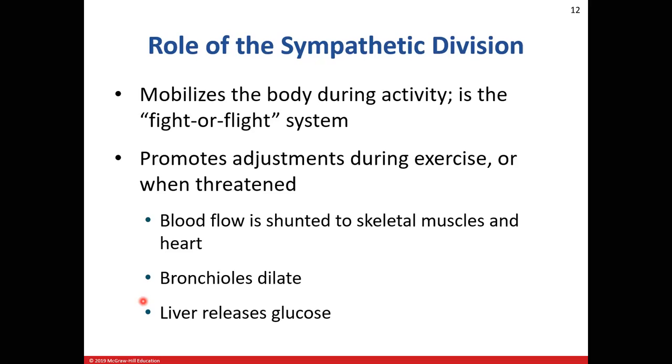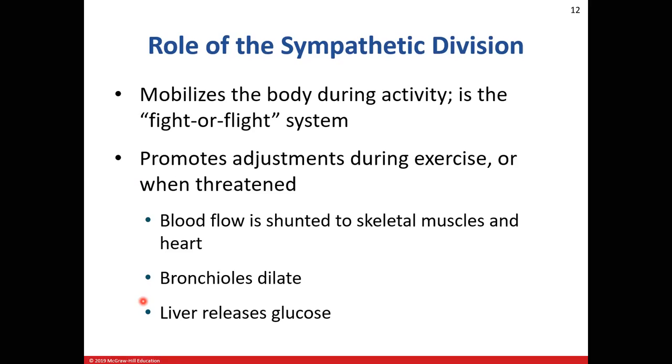So blood flow is now going to be shunted more towards the skeletal muscle and to the heart, because we have to have an increase in ATP, in food stores, in glucose. We have to have an increase in oxygen. So we have all this stuff that now has to be shunted more towards skeletal muscle and heart because of the activity that's going to be utilized.